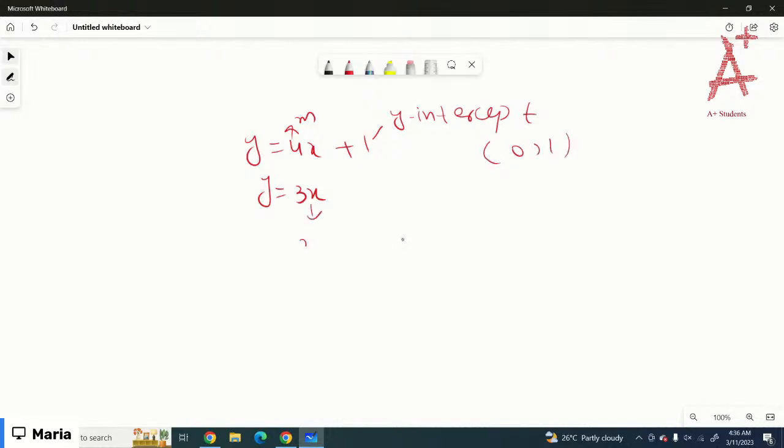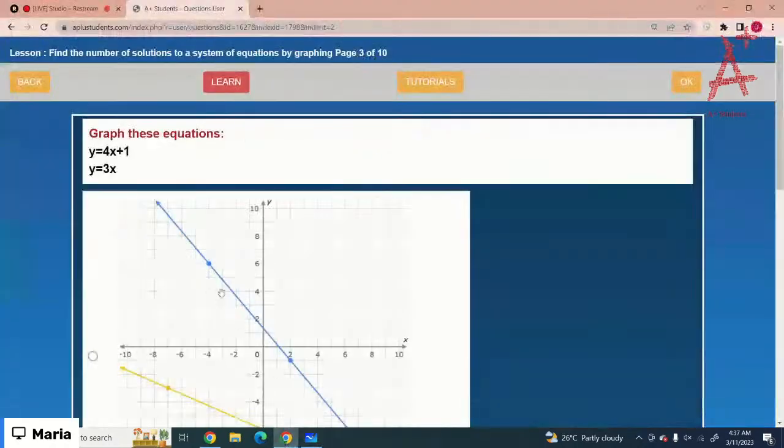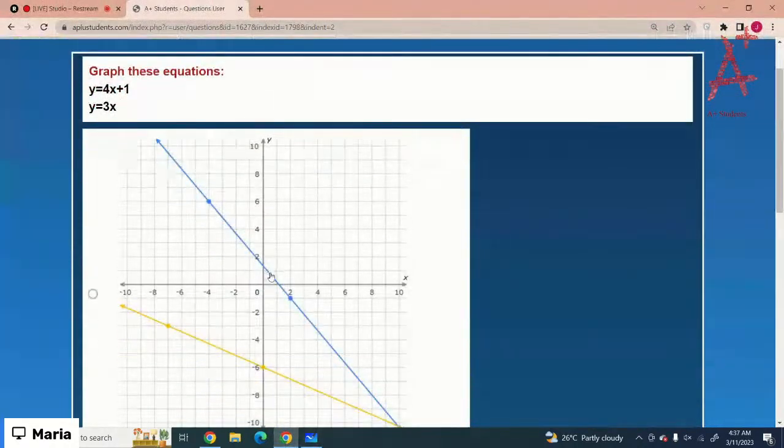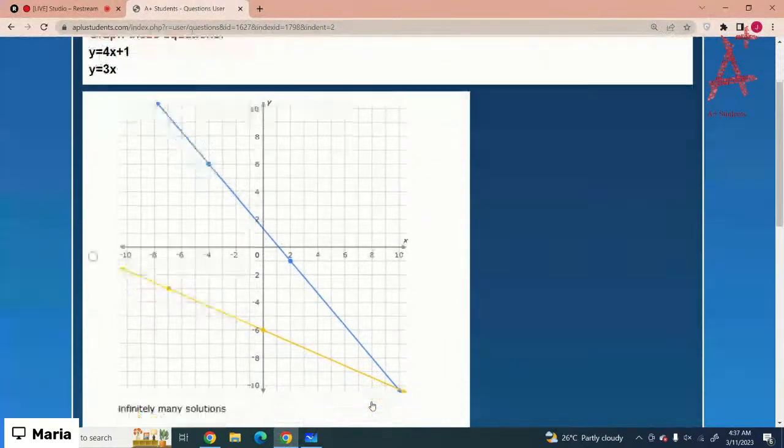And here the slope is m equals 3 and you are not given a y-intercept, that means it is 0. So the line must be passing through the origin (0, 0). Got it? So let's see which is the solution of the system of equations. This is not the one because one of the lines must pass through the origin. Let's see the second one.